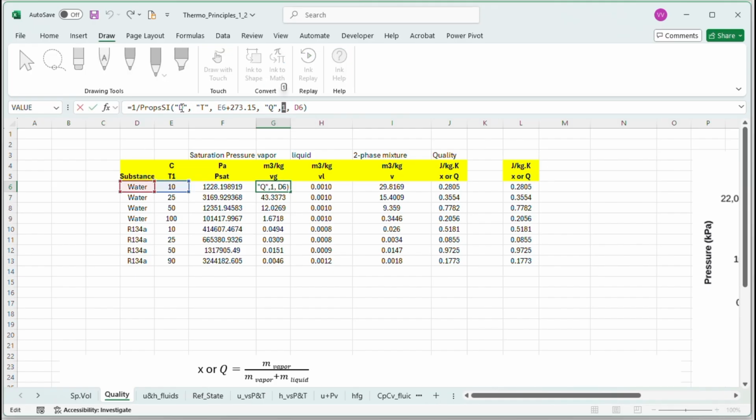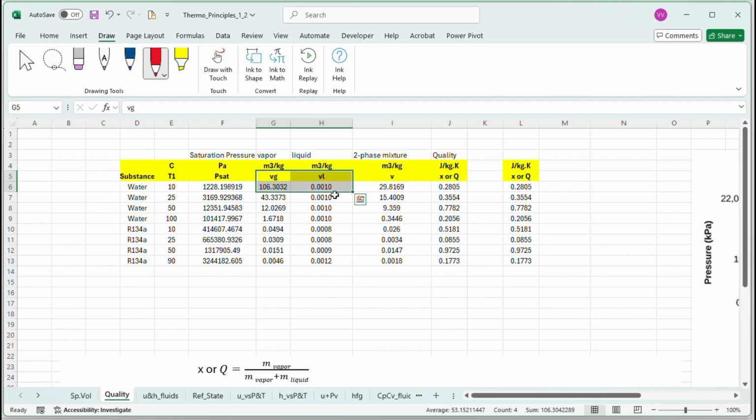So you're looking at density D, okay? And then you're taking 1 over that density for this particular temperature, and you're doing the calculation for gas. You do the same thing for liquid by changing this Q value to 0, okay? So you have the 1 over density of the gas and 1 over density of the liquid. So you have the Vg and Vl values of the corresponding saturation liquid and gas.